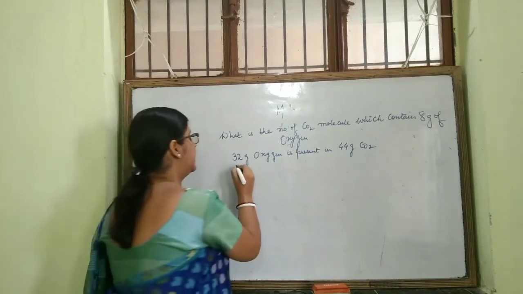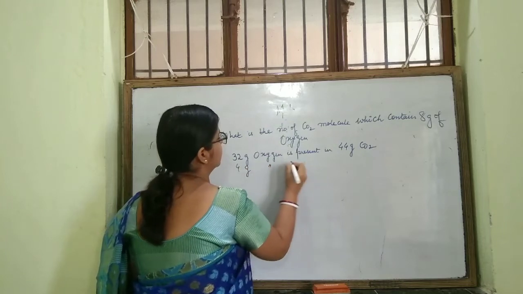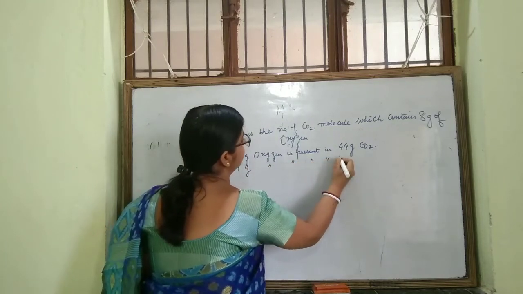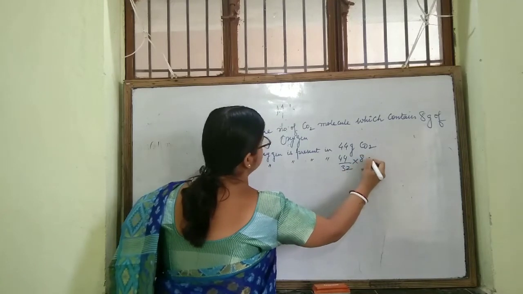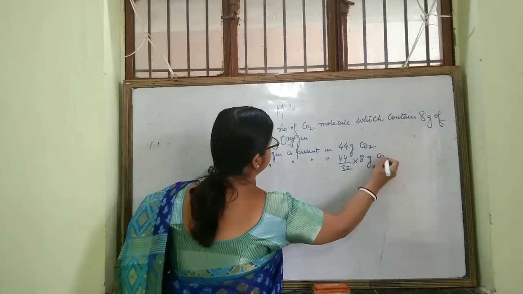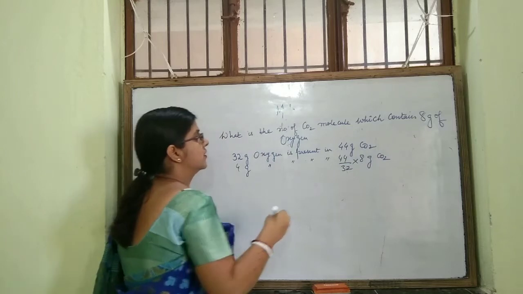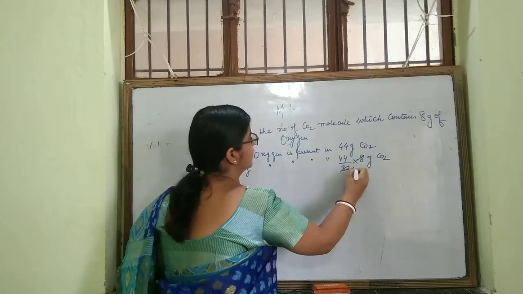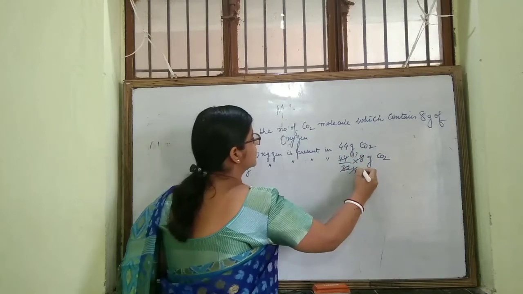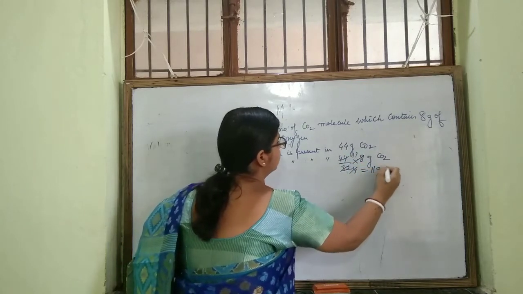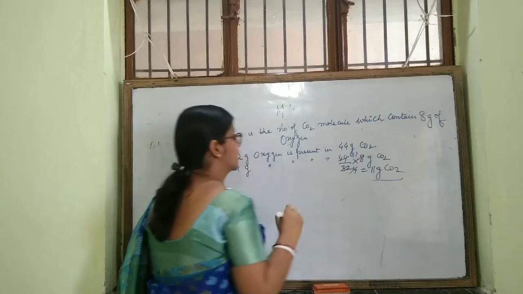So 8 gram oxygen is present in 44 by 32 into 8 gram carbon dioxide. So how much are we getting? 8 ones are 8, 4s are 32, 4, 11. So we are getting 11 gram carbon dioxide.